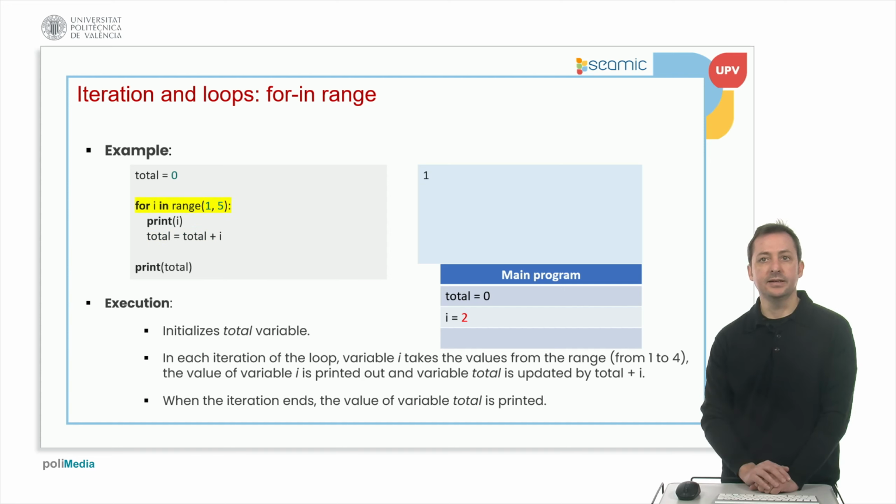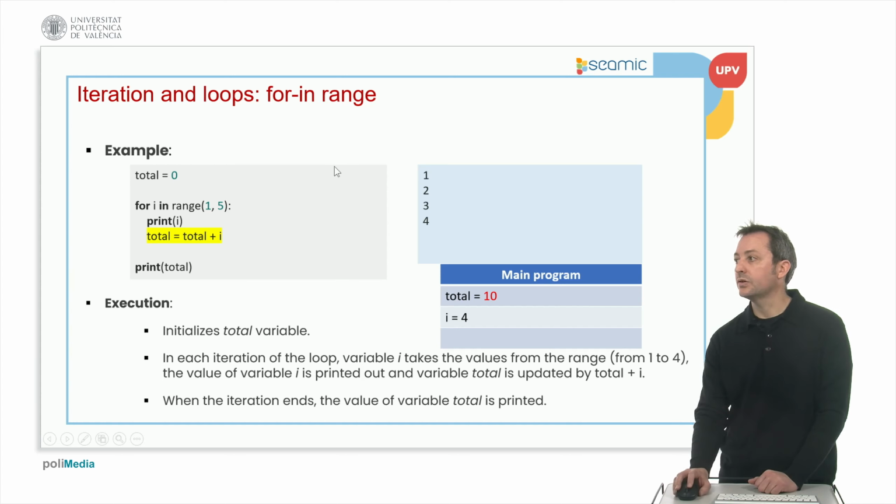i takes the next value, in this case 2, print, change the value of total, and then again i takes the next value of the range, in this case 3, print, increase total, and then i takes the next value 4, print, total. And take into account that this range goes from 1 until 5 minus 1. This is always the same.